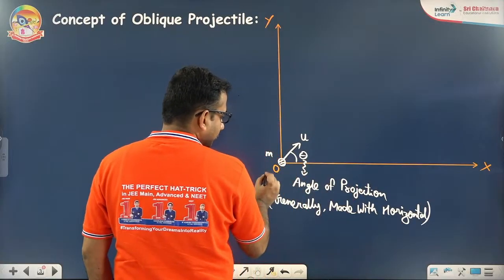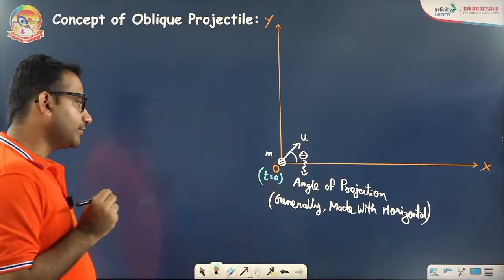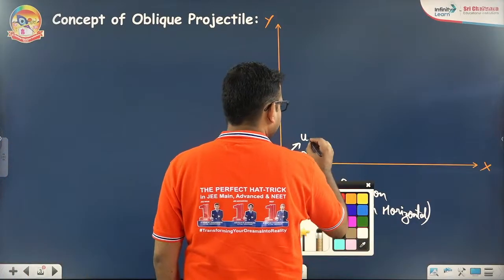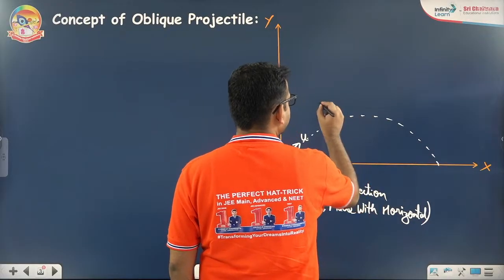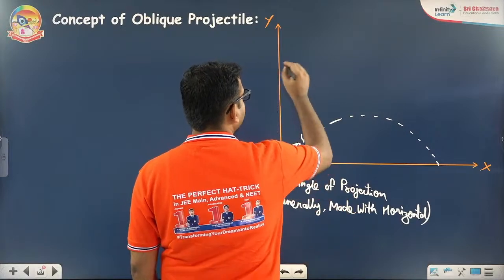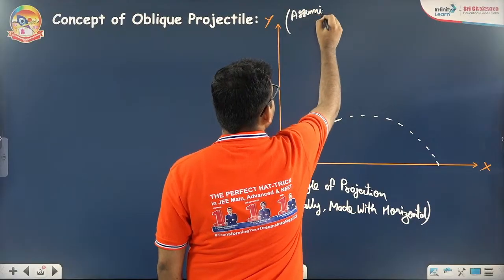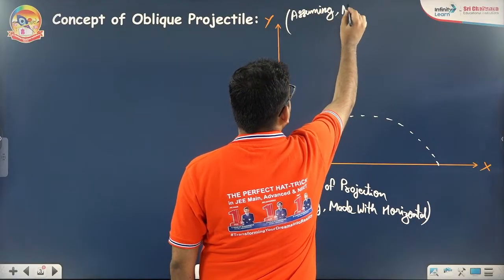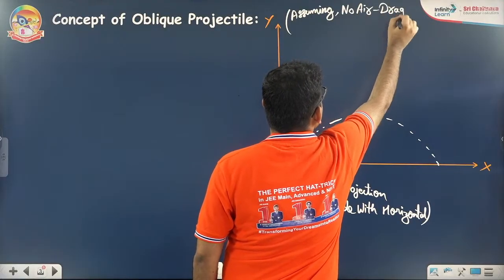Suppose at t equals 0 you have thrown this particle, and it covers its journey like this, assuming no air drag or air friction, there is no resistance offered by the air.